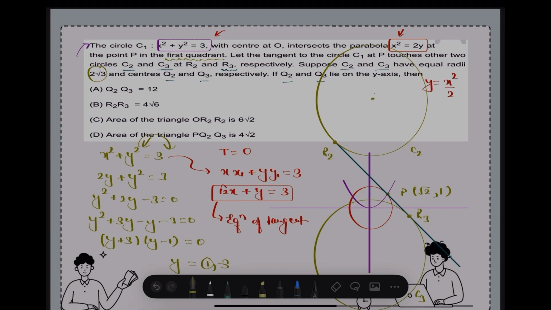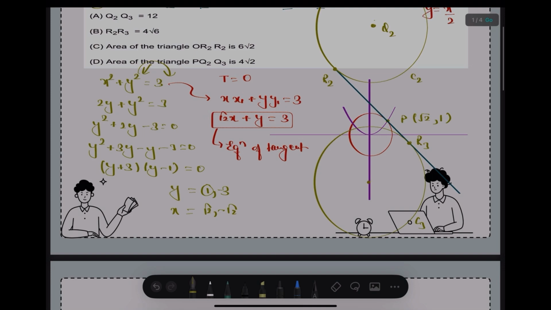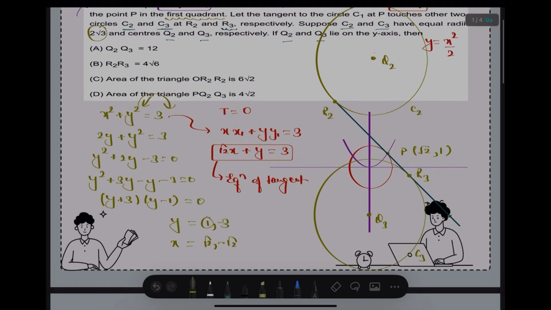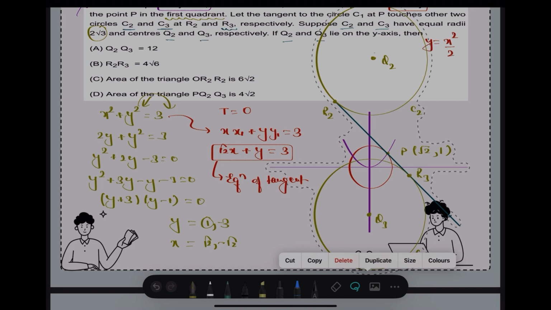Suppose this is the center Q2, and this is the center Q3. So if we find all these things, we can solve the whole problem. I'll duplicate this one because I need some of these things.